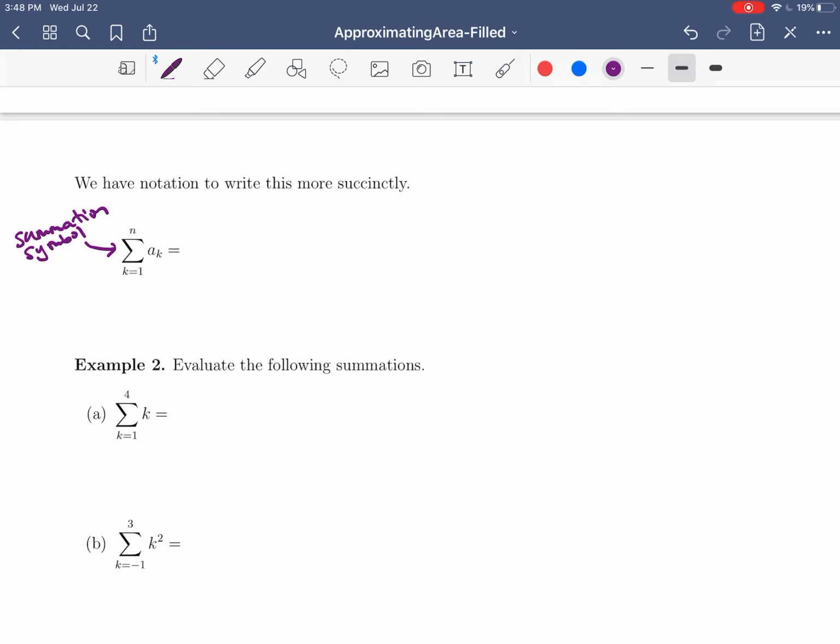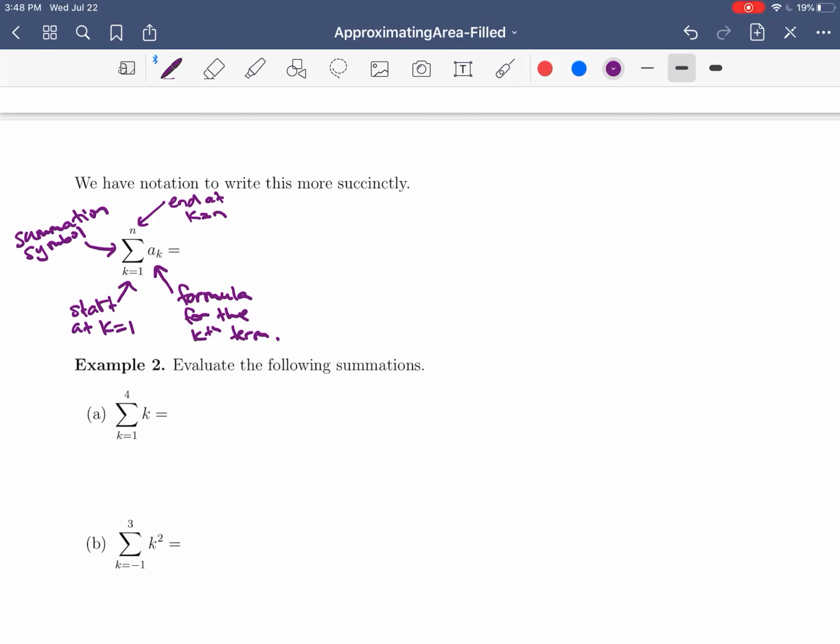And then the bottom bit means that we start at k equals 1, and the top bit means that we end at k equals n. And then the thing that's inside the sum is our formula for the kth term.